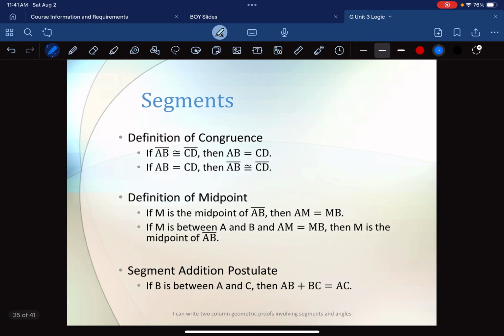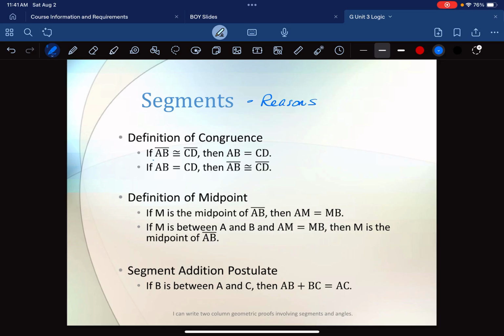Some things you're going to use as reasons for our proof steps. You know how you have a 2-column proof system, where we've got statements on the left and reasons on the right. Well, we need some reasons why we do certain things. These are some good reasons that you can use in your proofs, like the definition of congruence. The definition of congruence simply says if two things are congruent, then their measures are equal.